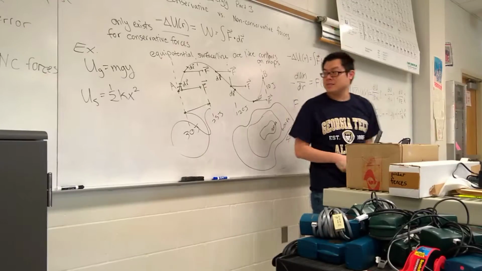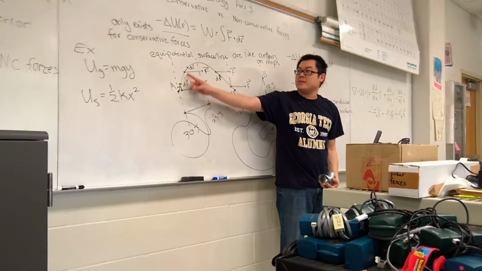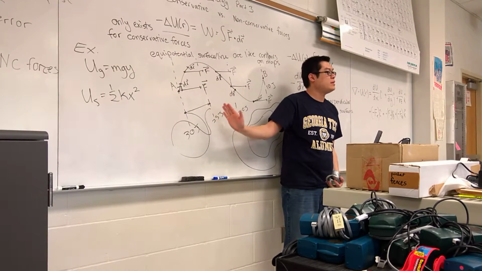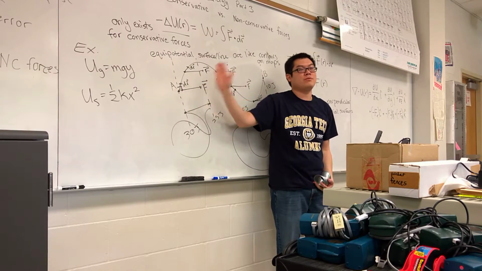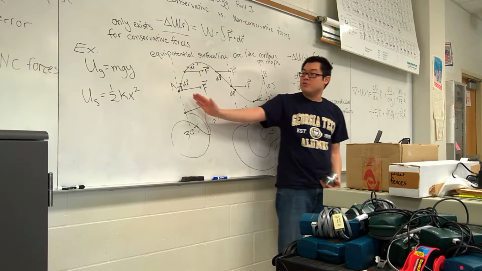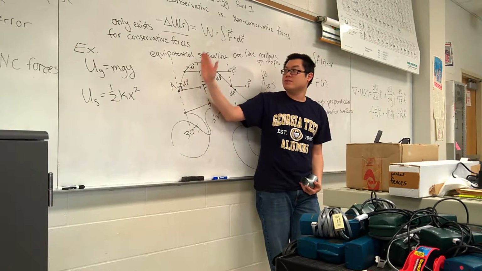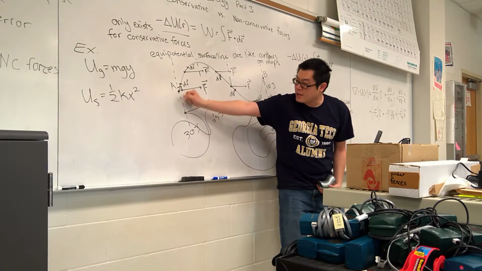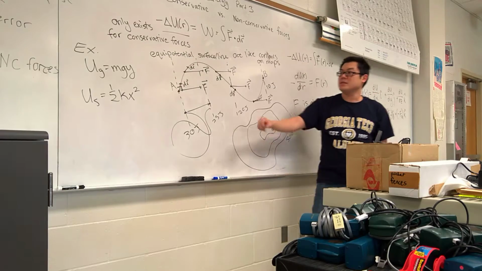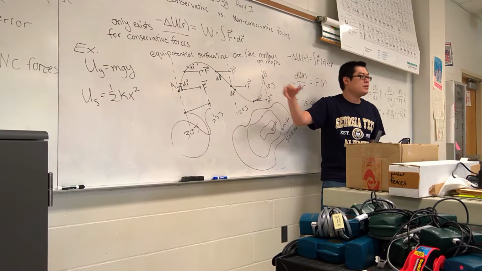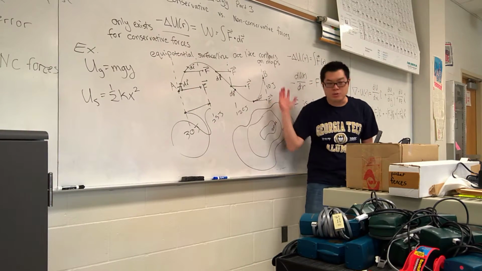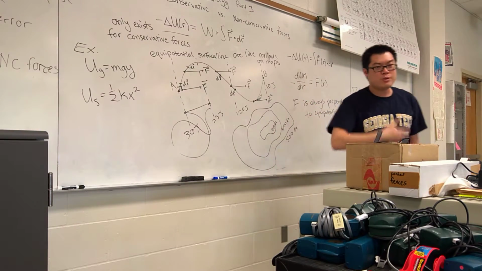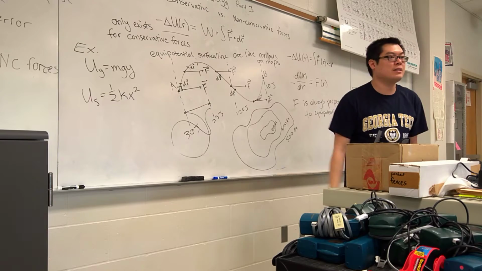So then what it means is that this will gain the same amount of kinetic energy as this object going from here. 5 joules of potential energy transform here, just the same as it transforms here. So it doesn't matter how it moves. If it goes from here to here, potential energy change will be 20 joules. It'll be 20 joules of kinetic energy, and then you do 1/2 mv squared, and you get your velocity out of that.